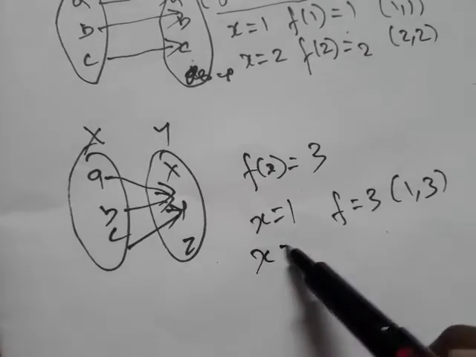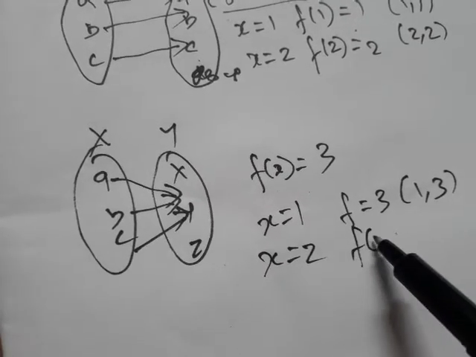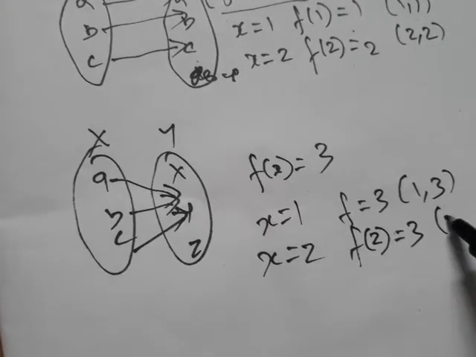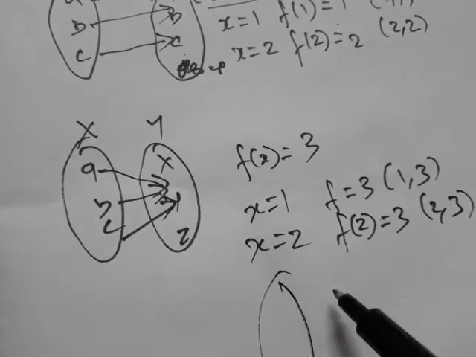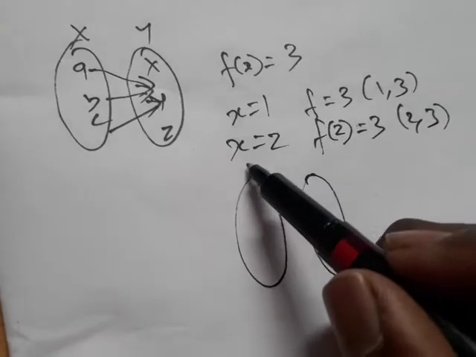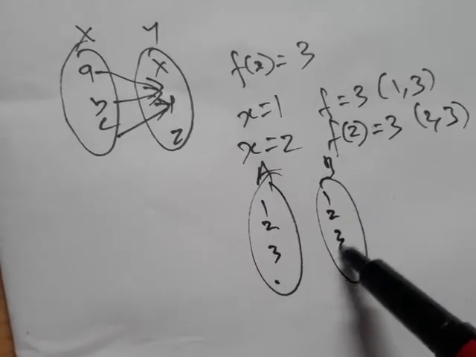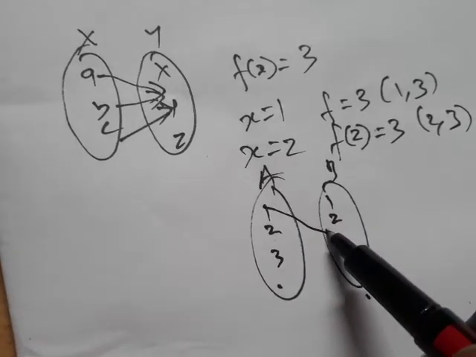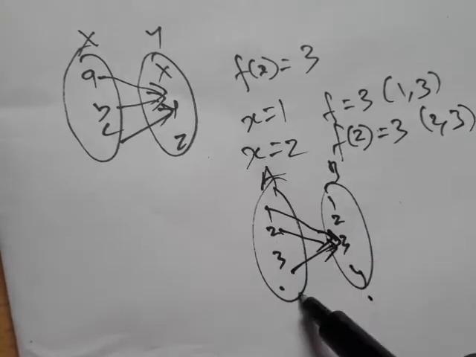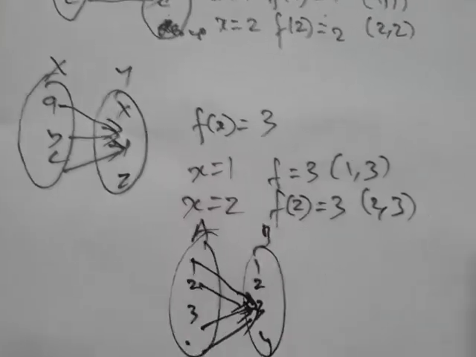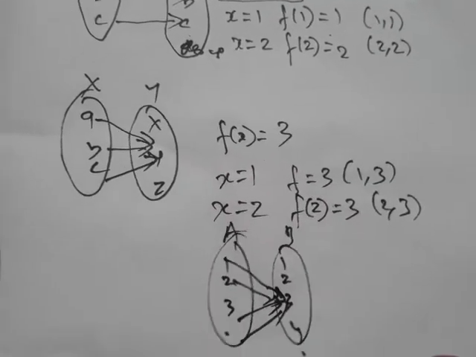If I put x equal to 2, then also f of 2 equals 3 only, 2 comma 3. If I draw the diagram, for example, 1 2 3 4 on one side and 1 2 3 4 on the other, every element is mapping to 3 only. So this type of function is called a constant function.